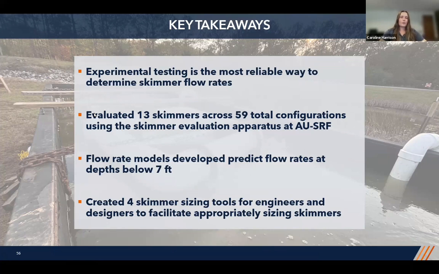Using our experimental data, we developed flow rate models to predict flow rates at given depths below 7 feet for the skimmer tank. Using our models, we created a total of 4 skimmer sizing tools for engineers and designers to help facilitate appropriately sizing a skimmer to meet their needs.